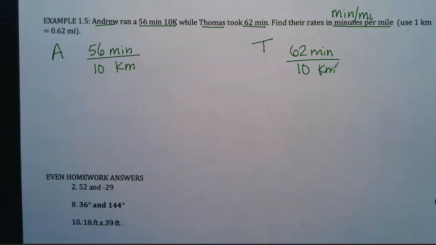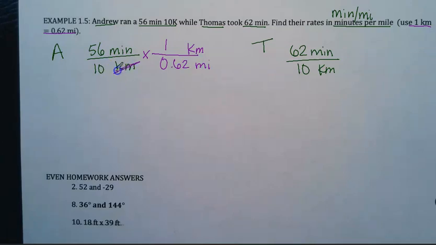All right, now, why do I say a unit multiplier? Because we know 1 kilometer equals 0.62 miles. If you remember, a unit multiplier is a fraction that we use to cancel out and change the units. We want to get rid of the kilometers. Kilometers is currently in the denominator, so we need the unit multiplier that has kilometers up here. So 1 kilometer is equivalent to 0.62 miles.